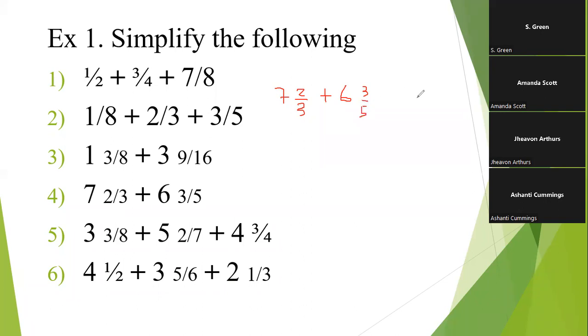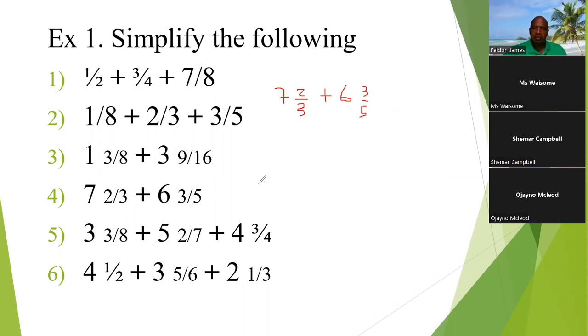And you're saying to us that you are going to approach this question by adding the whole numbers first, separately from the fractions, right? Yes, sir. All right, so when you add, you would add what now? 7 plus 6, and that would be the whole numbers.